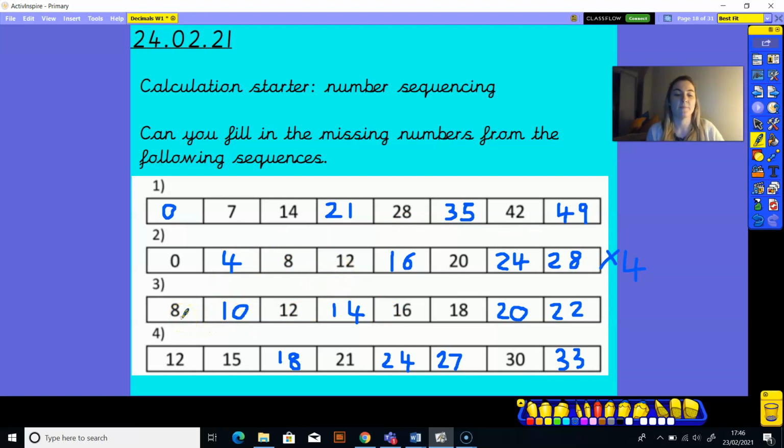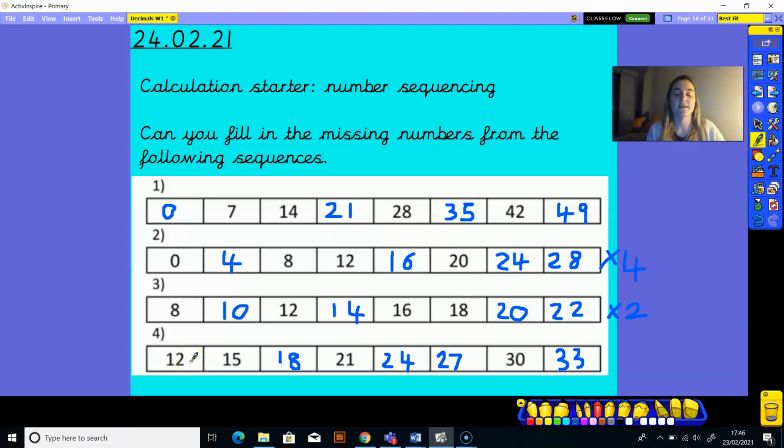And then here it started at 8, which was a bit unusual. I noticed that 12 was the next in my number line, so it would have needed to be a number between 8 and 12, and I noticed that the other numbers had 2 in between them, so 16, 17, 18, so I realised that it was the 2 times table.